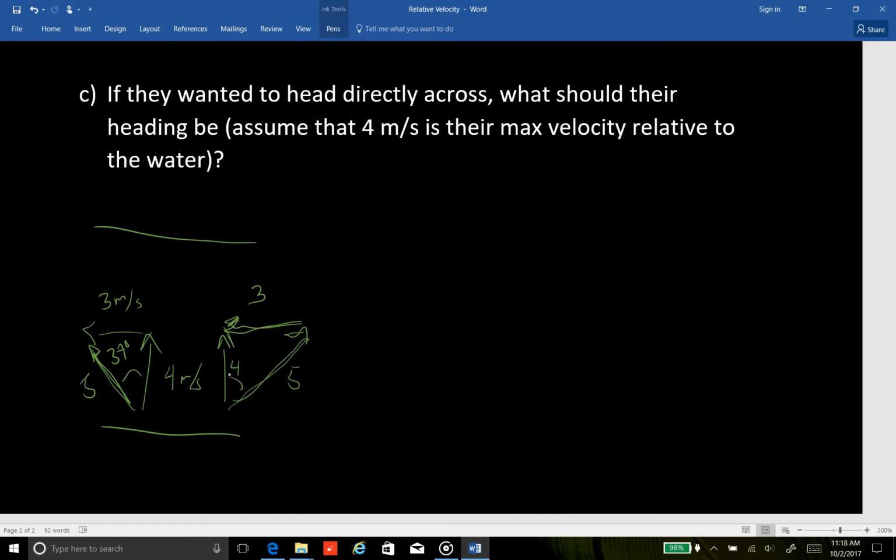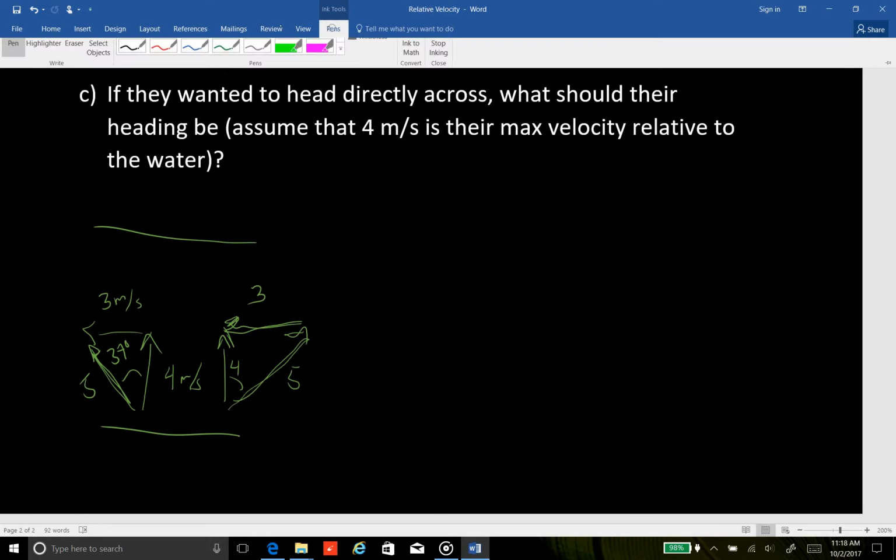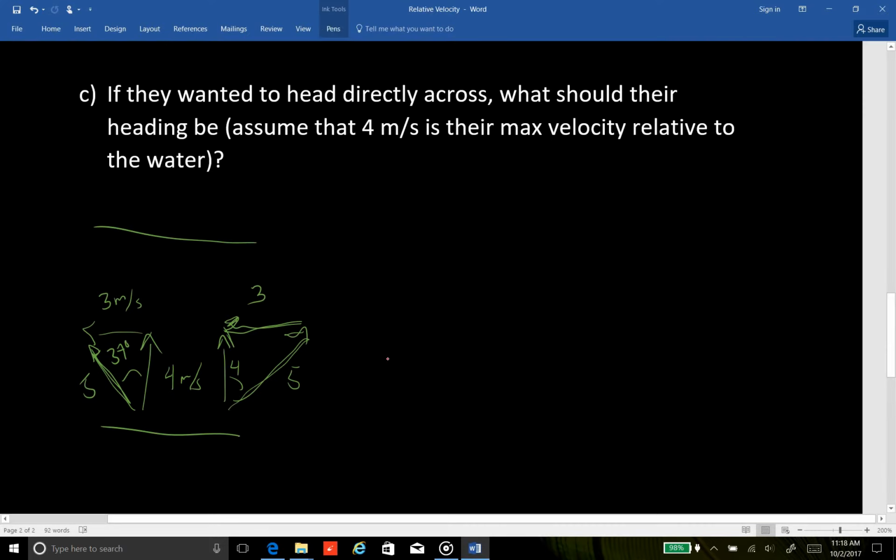Well, this is what you do. We know we want to get directly across, right? So we know that we want to go this way. We know there's a current that's going to push us this way. And we know what the velocity is too. We know it's 3. Correct? So what do we need? We need this.